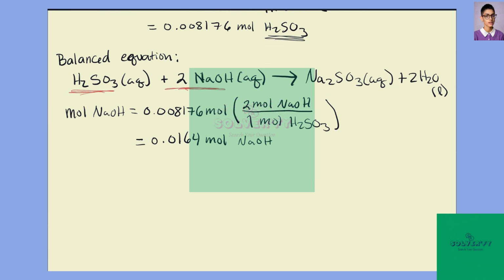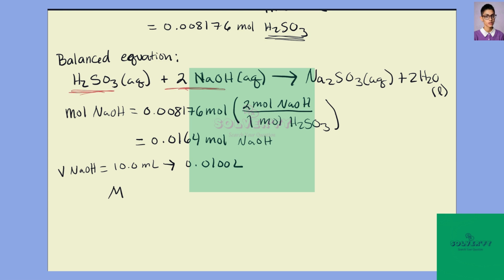Alright, and they tell us that the volume of NaOH to get the titration to its end is 10 milliliters. So we'll convert that into liters, so 0.01 liters, just divided by 1,000.